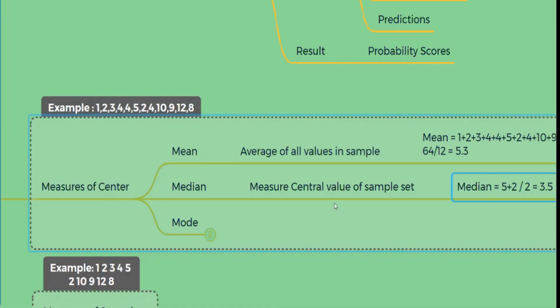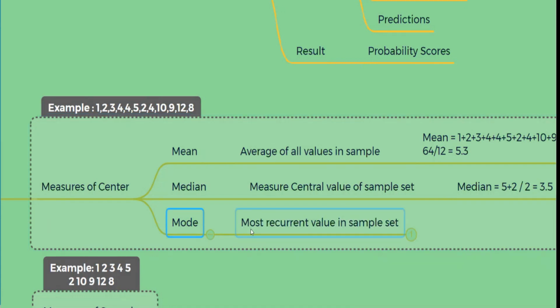Then what will be my mode value? The mode is simply the most recurrent value in our sample set. We arrange the sample set in ascending order, so we can easily find which value is repeated the maximum number of times. That value we mention as the mode value.